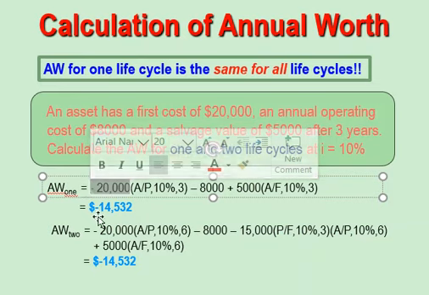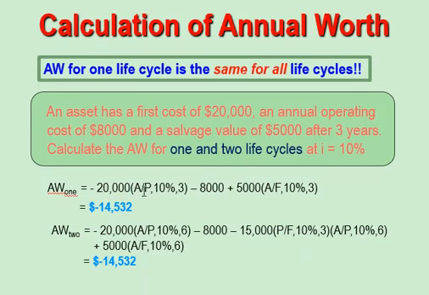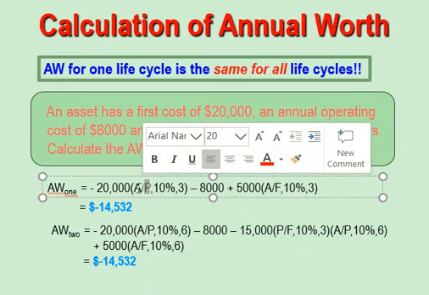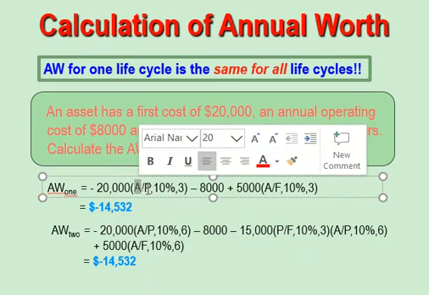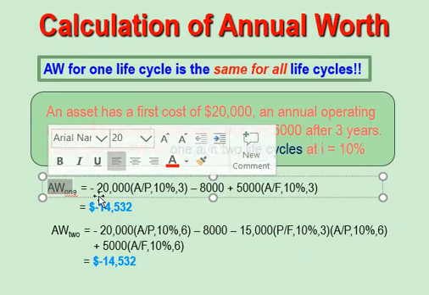So therefore, I have to use the notation that convert the present worth into annual payment. And that's why we have a P to A. I want to transfer the amount from present worth to annual worth. Why to annual worth? Because I want it in annual worth factor or domain.